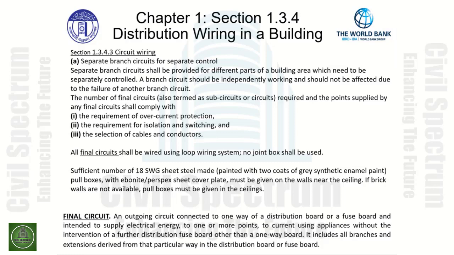It includes all branches and extensions derived from that particular way in the distribution board or fuse board. This section sets out the requirements for separate branch circuits for separate control.